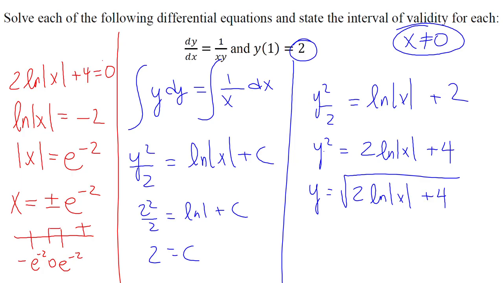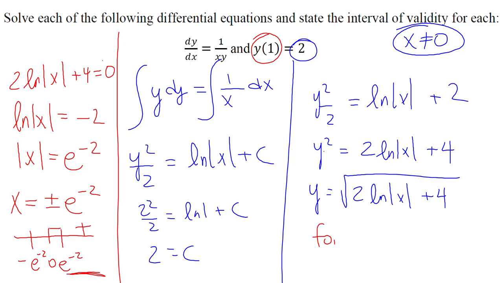And so since my initial condition here is that I want to be able to plug in 1 and get 2, we can see that e to the -2 towards infinity is going to be the appropriate value here, because e to the -2, or 1 over e squared, is less than 1. And so we need to go towards infinity there to include our value of x equals 1.